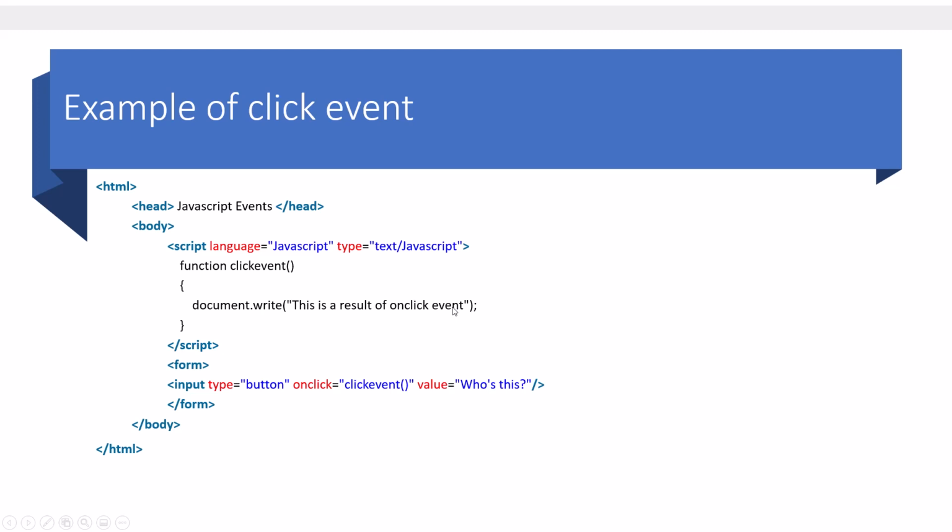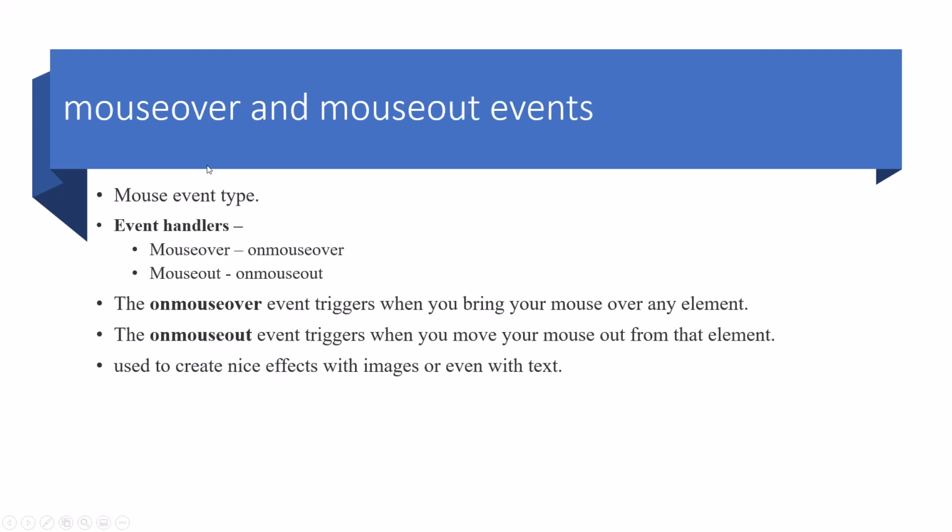This is the result of the onclick event. We'll see in detail how it runs in the practical at the end of the video. First we'll see the different mouse event types.